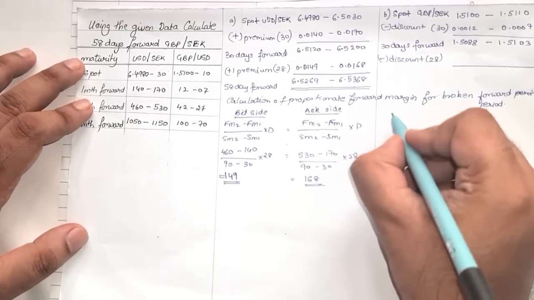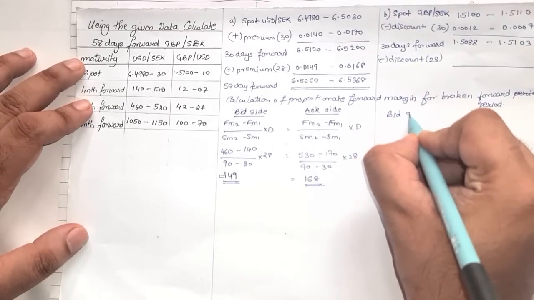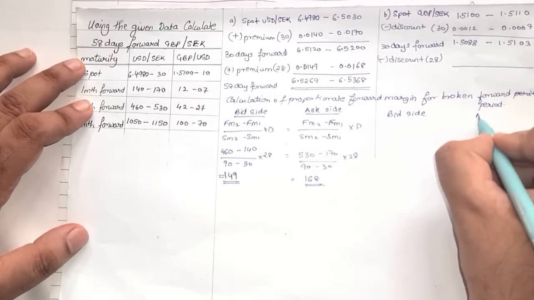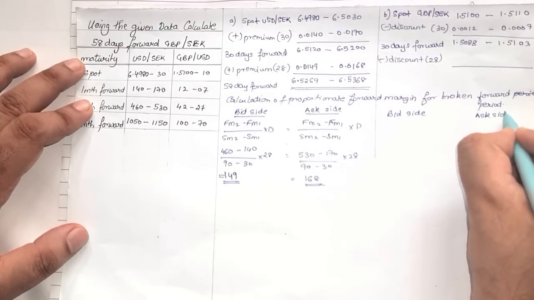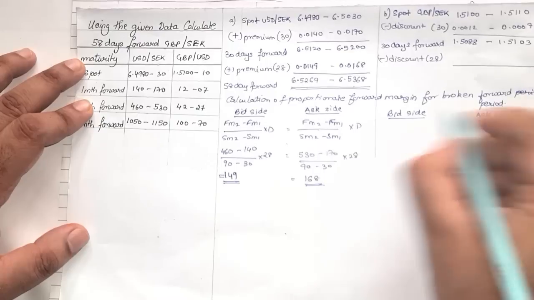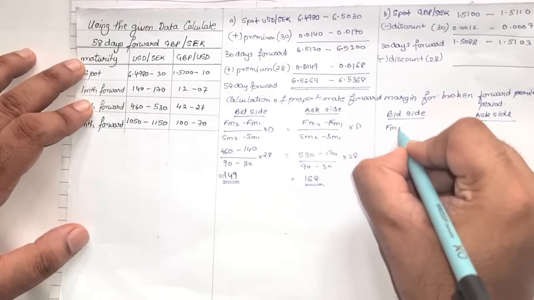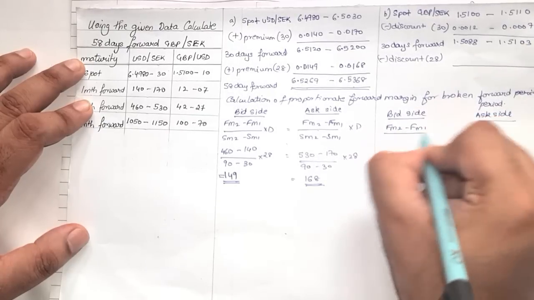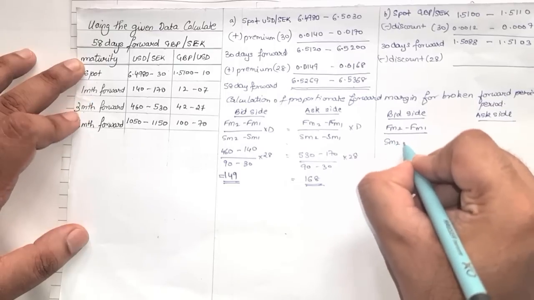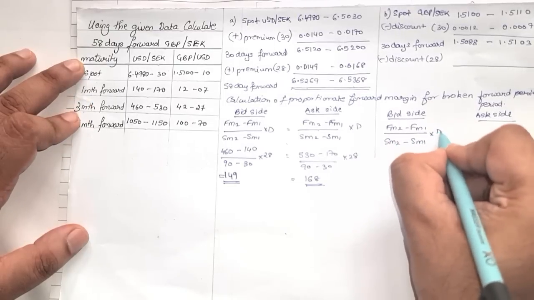period. Okay, again we'll have the bid side and the ask side. Formula is same, fm2 minus fm1 upon sm2 minus sm1 into d.